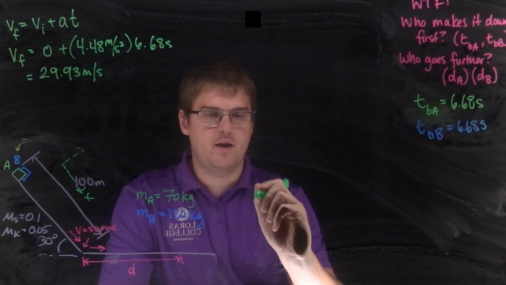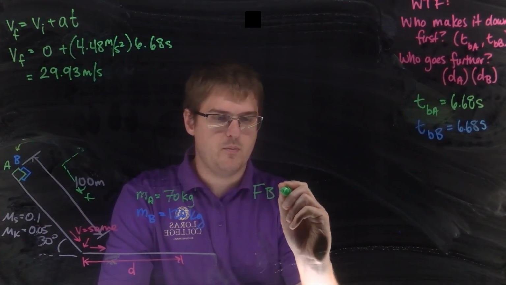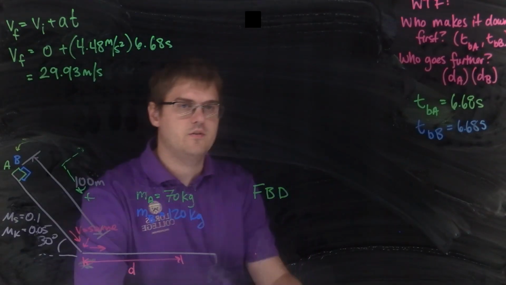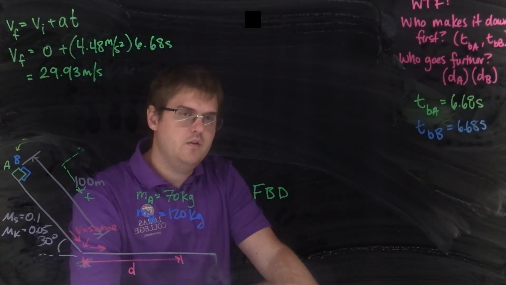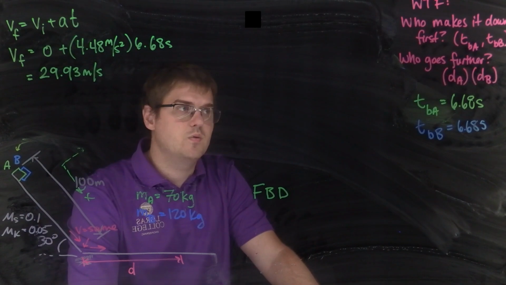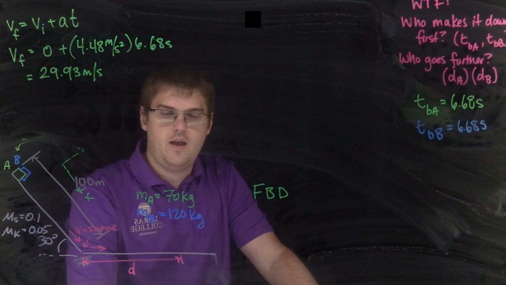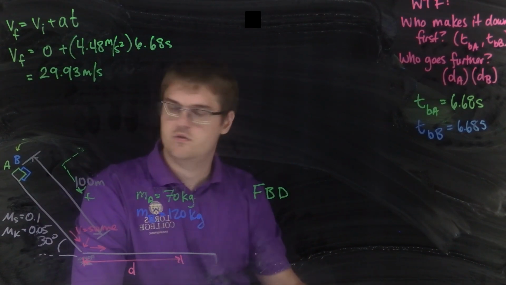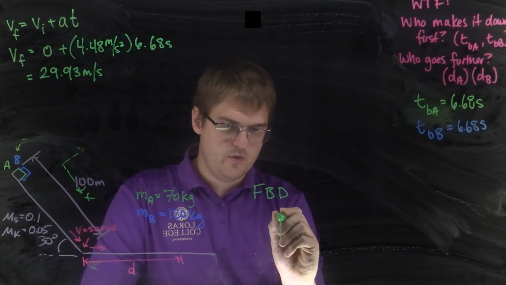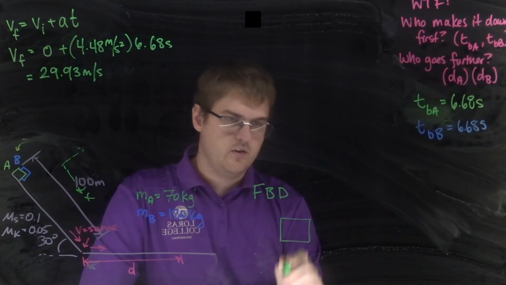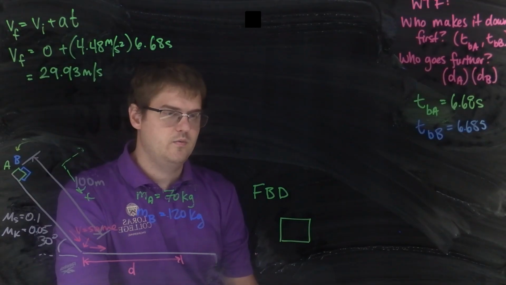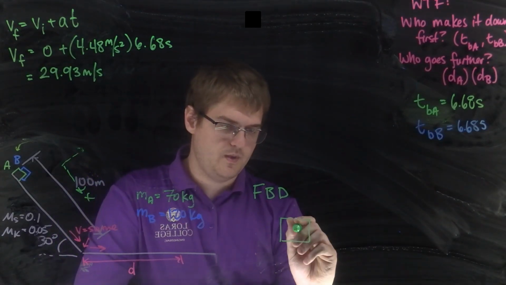We're going to need a new free body diagram. I probably would have drawn both of these up front, the exception being when I'm working on this board, which is tiny, and I knew I was going to need the space. So let's draw it now. In this case, I have my object here.